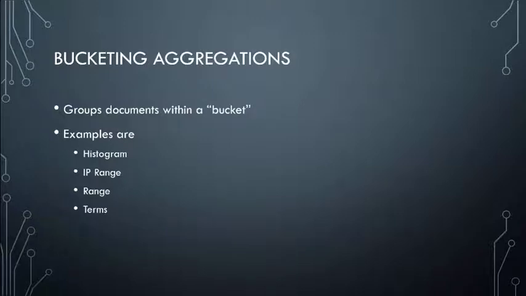Bucketing aggregations basically work by grouping documents within a bucket. Each bucket has some criteria associated with it, and then ElasticSearch will determine whether the document that you search for falls in each specific bucket.